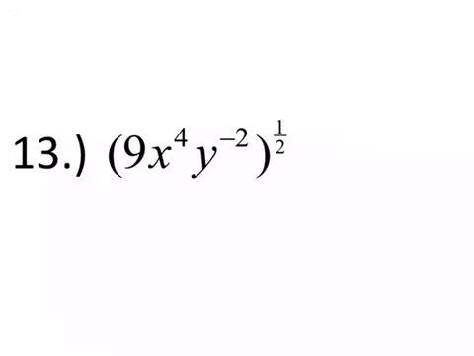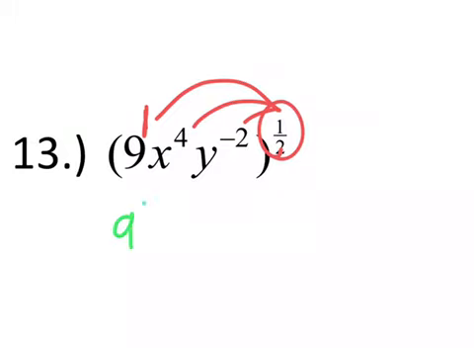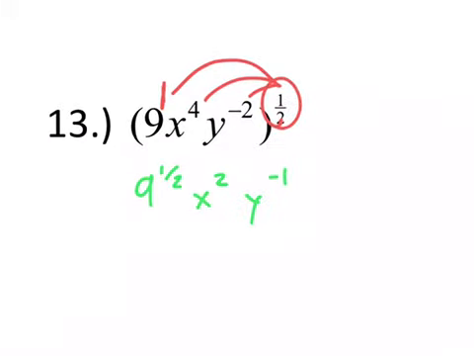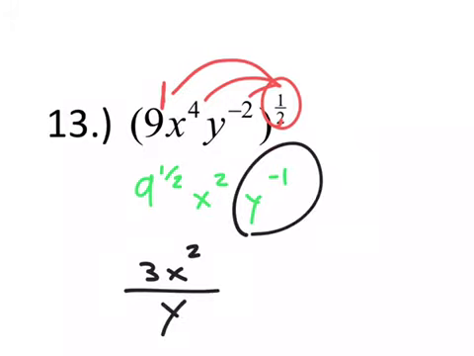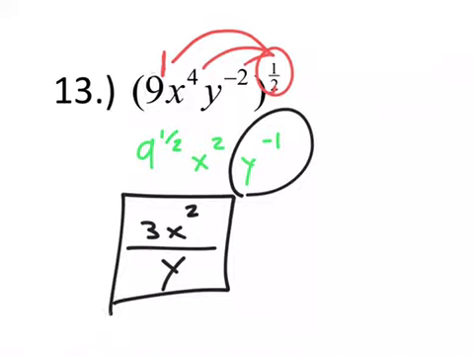Power to a power. Now this 9 has an invisible 1 with it. Everybody has to get this 1/2. So we've got 9 to the 1/2 power, x to the second, 4 times 1/2 is 2, and then y to the -1. 9 to the 1/2 power is 3. Here's our x squared. Take the reciprocal of y, and there we have it.